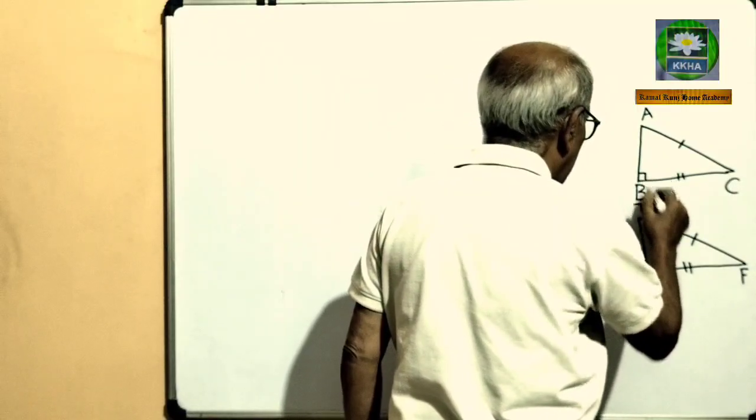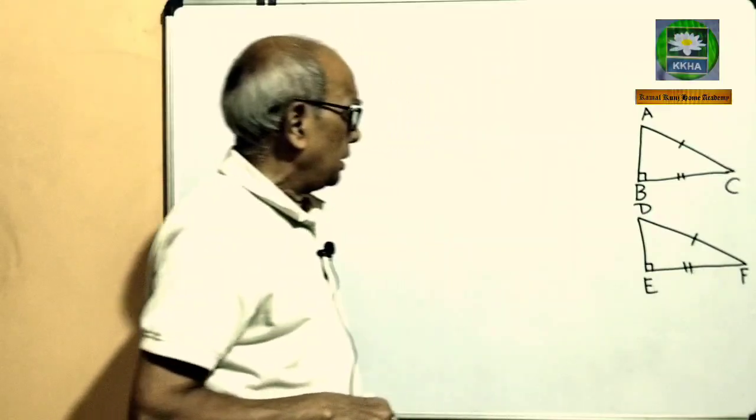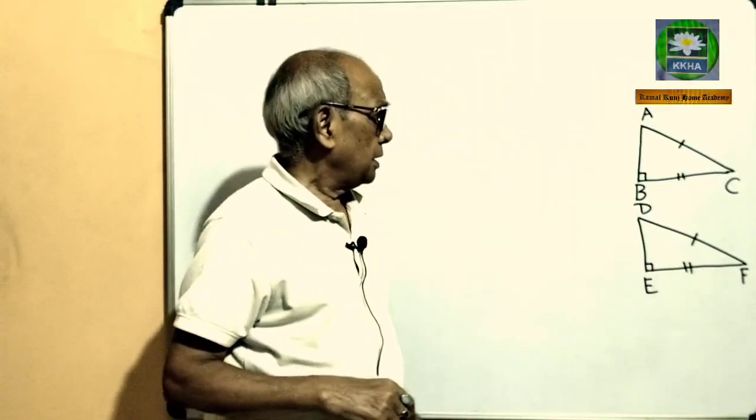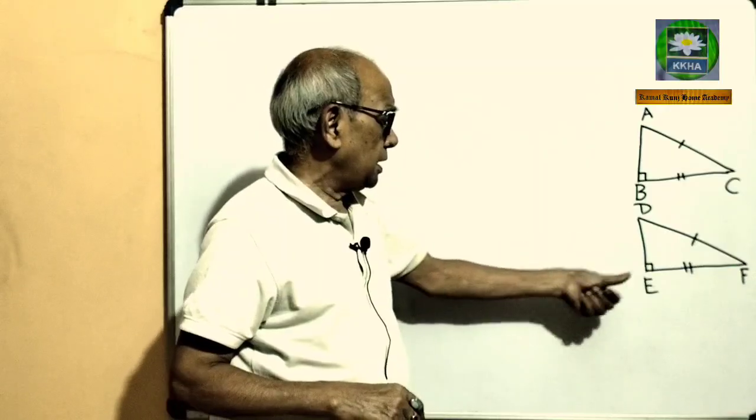Here B and E are right angles. Then we have to prove that triangle ABC will be congruent to triangle DEF.